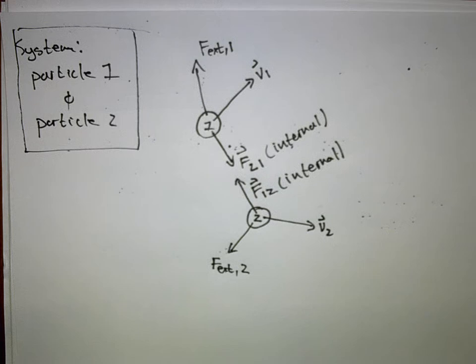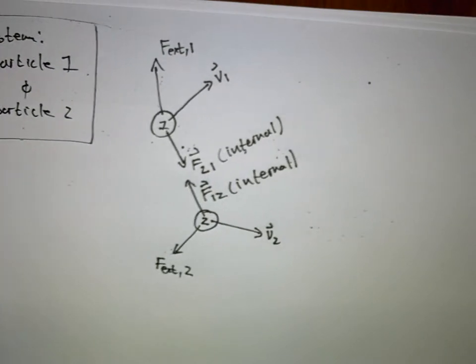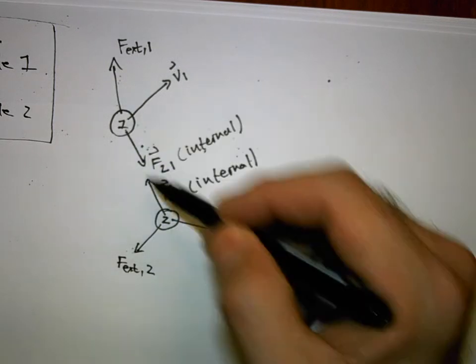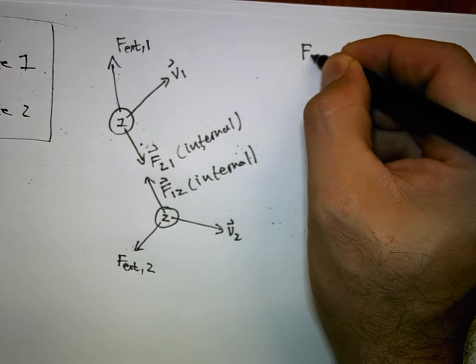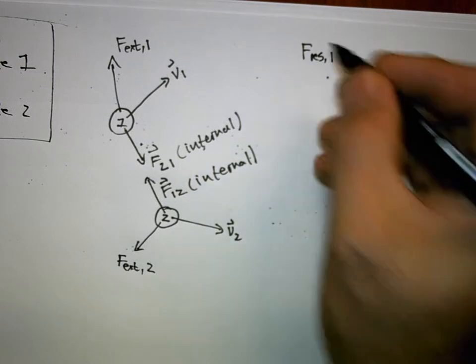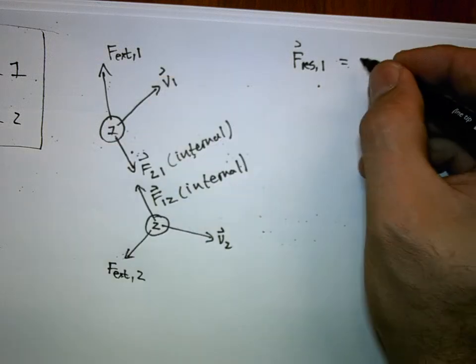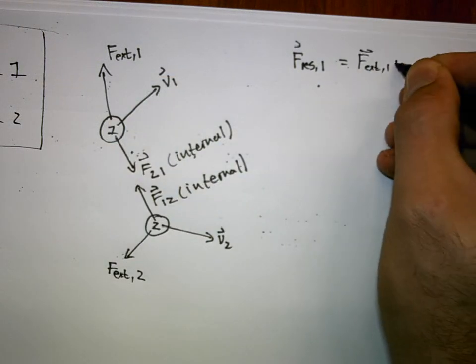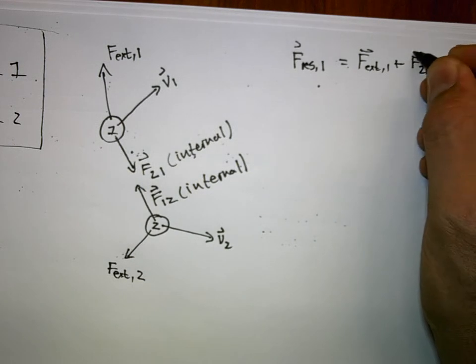Now let's start taking this towards momentum. The first thing we can do is say, well, I've got two forces acting on particle 1. So the resultant force acting on particle 1 is just the sum of the forces acting on it. So it will be the external force acting on particle 1 plus this force from particle 2 on particle 1.